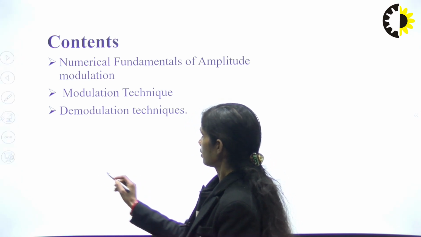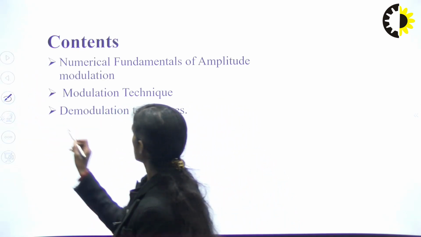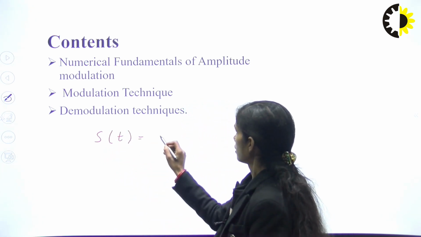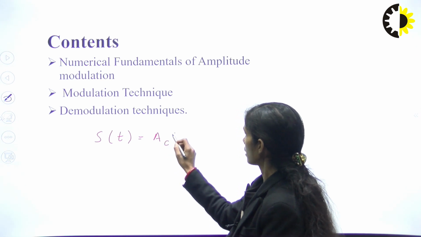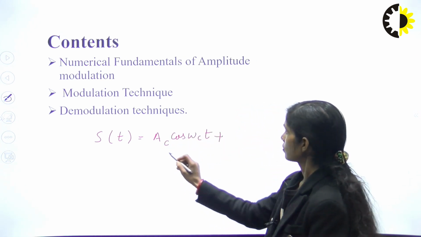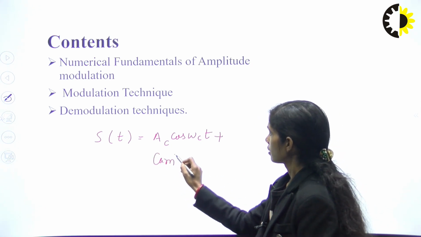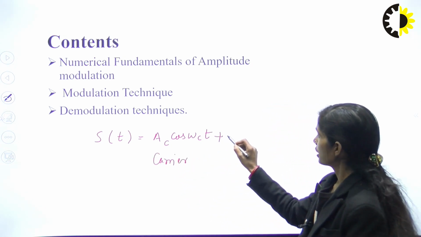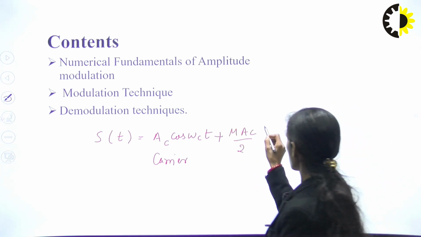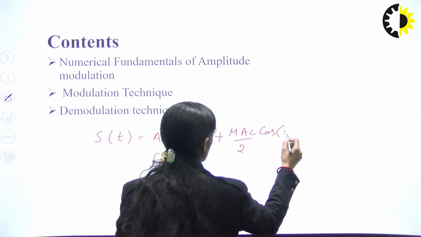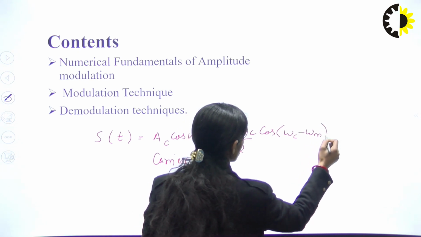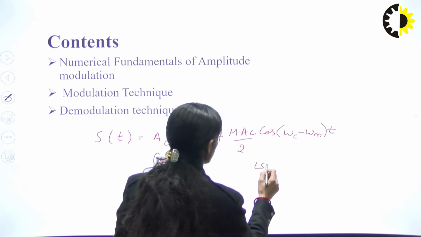The amplitude modulation equation is given by the formula: we have the carrier part, that is Ac cos omega c t, which is called the carrier component. The other component is mu Ac divided by 2 cos of (omega c minus omega m) t, that is the lower sideband, the LSB.